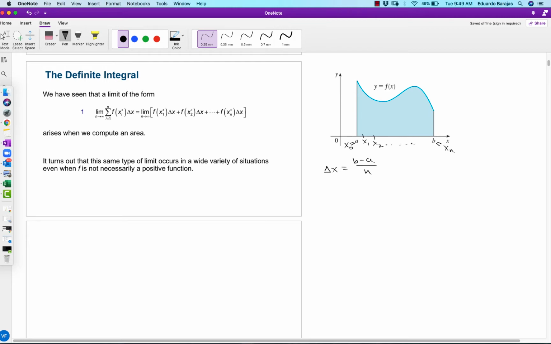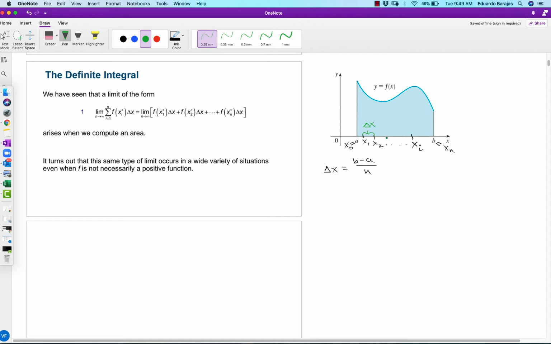Somewhere in the middle, we're going to have some ith value, so let's just label it there, say some x sub i value. So we break it all up, and we know that each one of these widths is going to have the delta x value. That's how thick it's going to be.